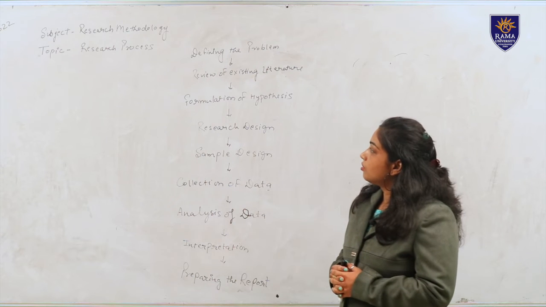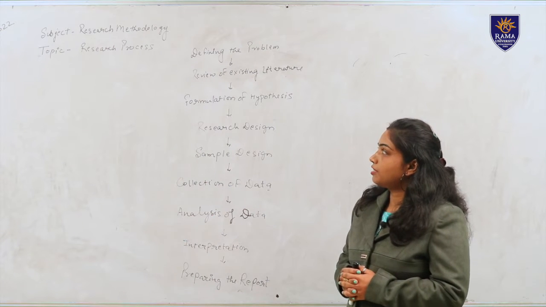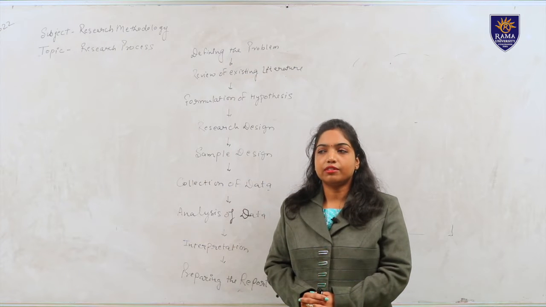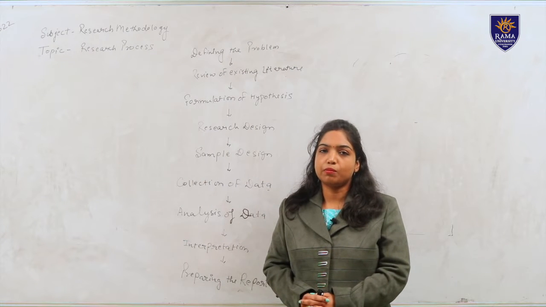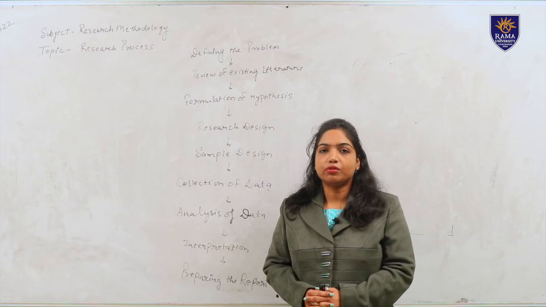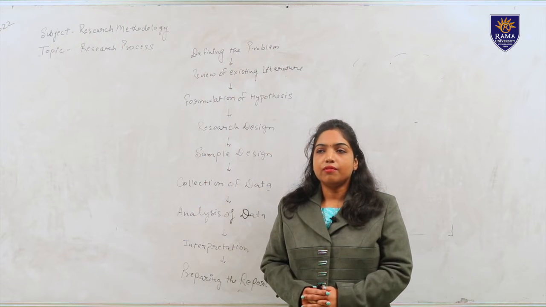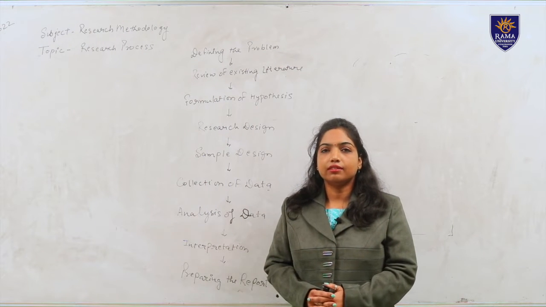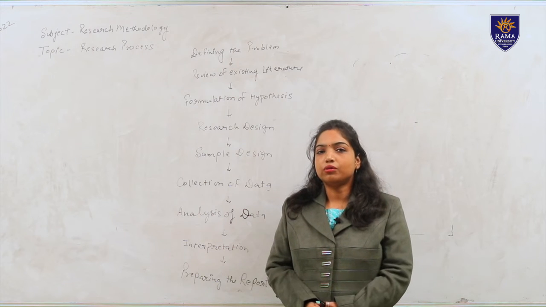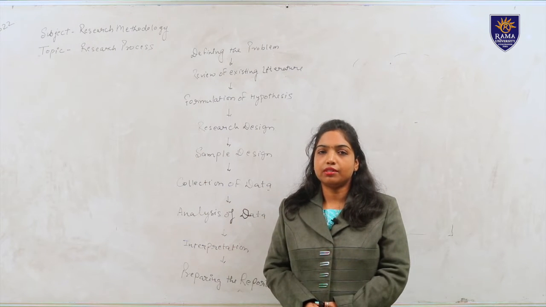The next step is review of existing literature. After formulation of the problem, the next step is review of existing literature like books, magazines, government reports and journals, etc. We have to study these things so that we can gain more knowledge about the problem we are going to study.